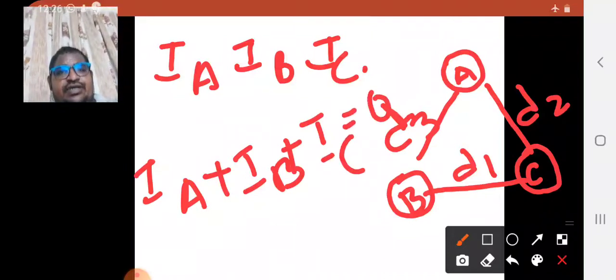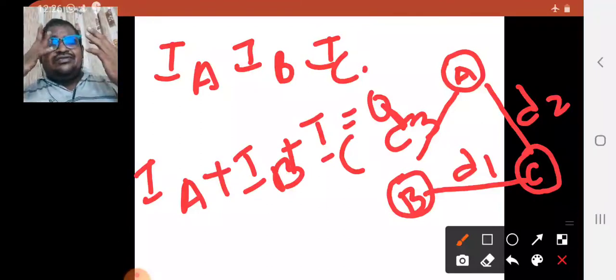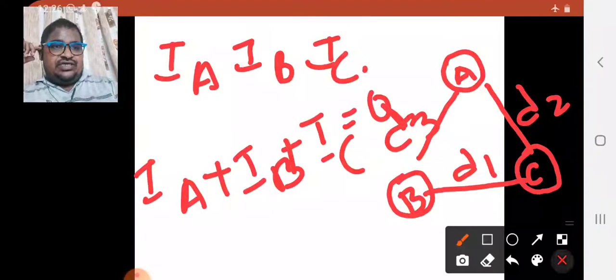Now there will be flux linkage with conductor A due to its own current and also due to the mutual inductance effects of IB and IC, as we discussed earlier.